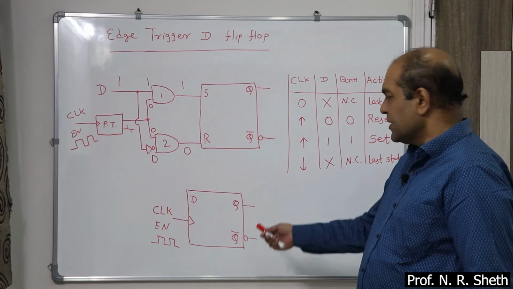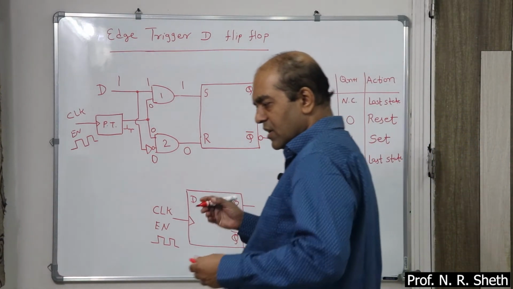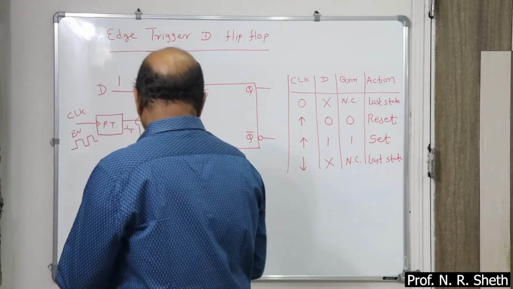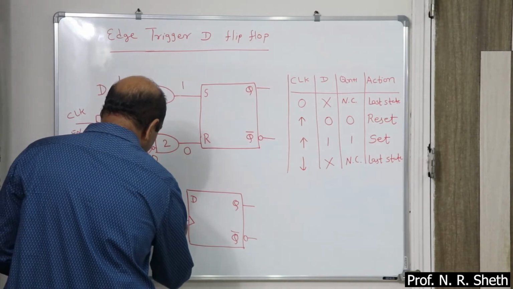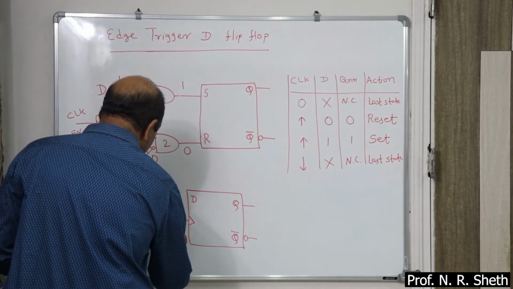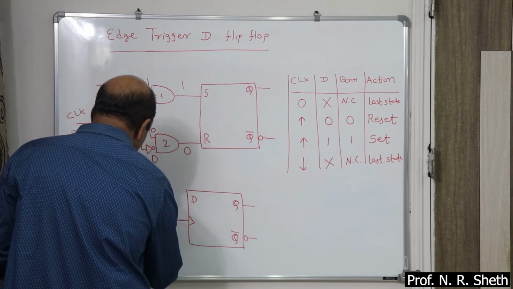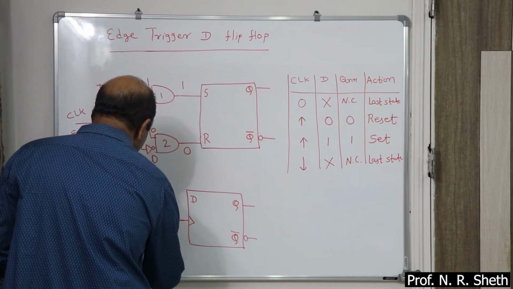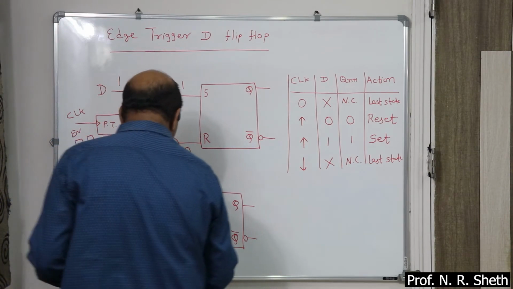Okay, symbol is same. So here you can say that if you want to make a modification in this symbol, a square wave is applied here as clock, and you obtain the spike.